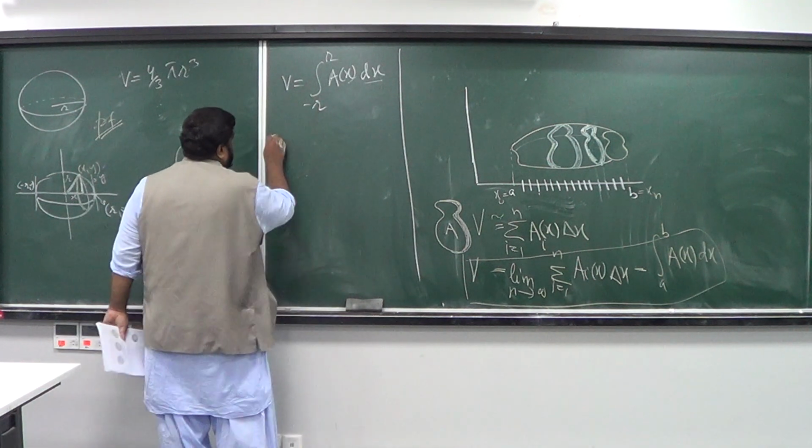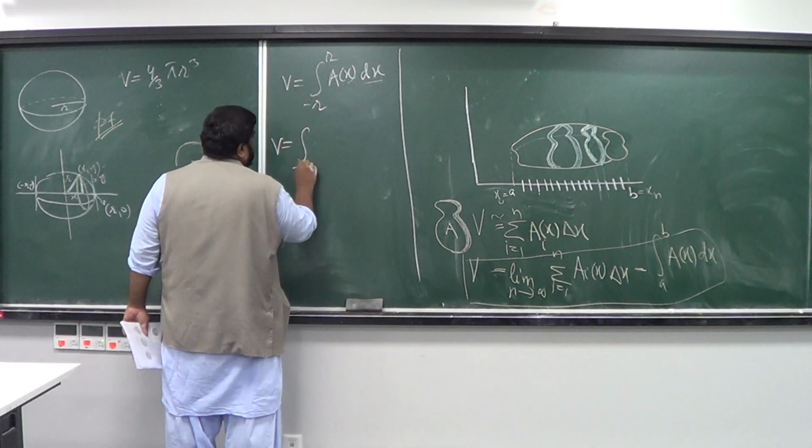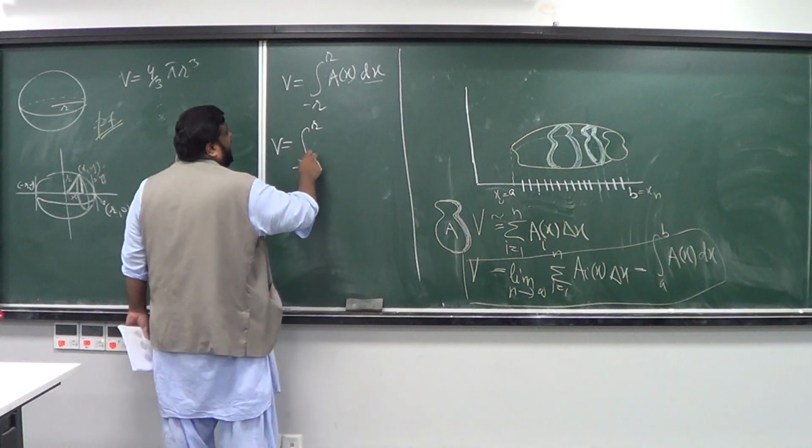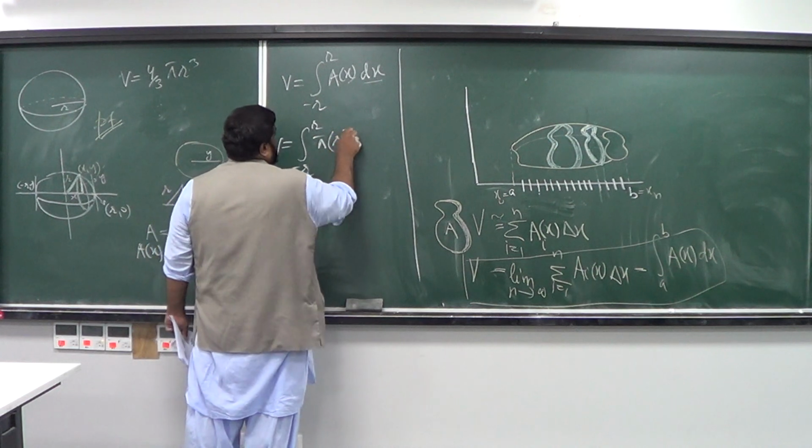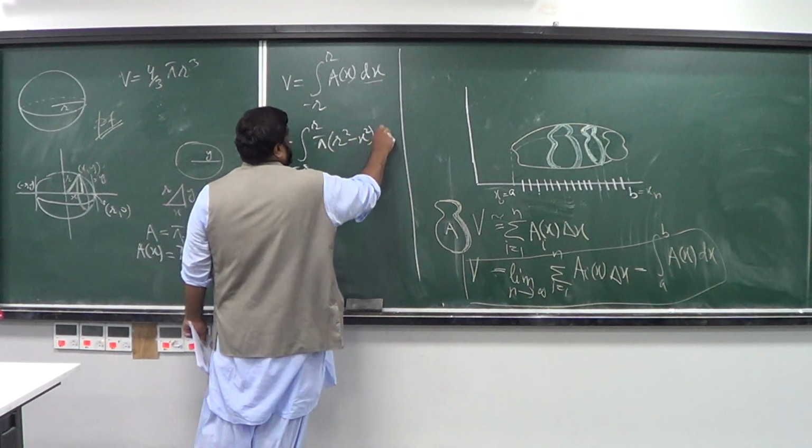You can compute this volume. So V is the integral from negative r to r of A of x, which is pi times r square minus x square, dx.